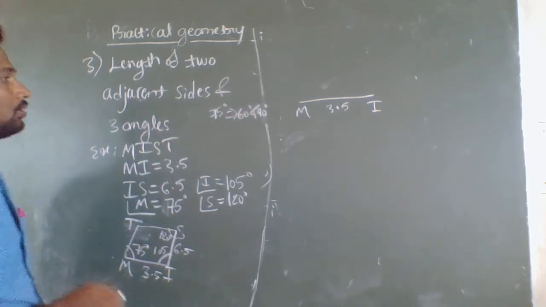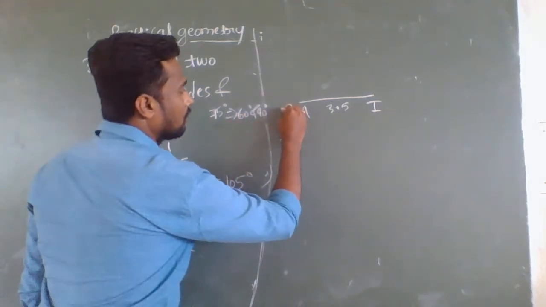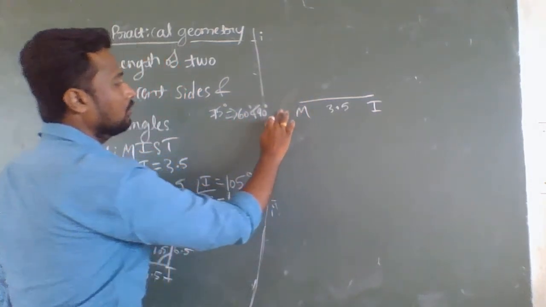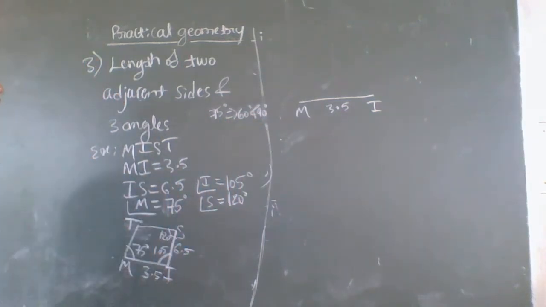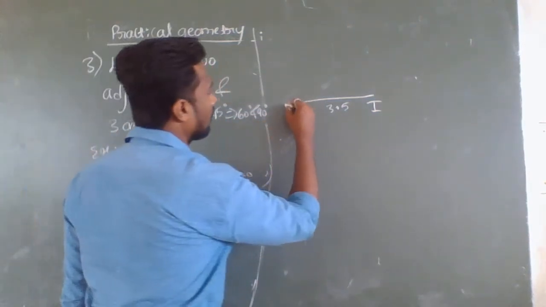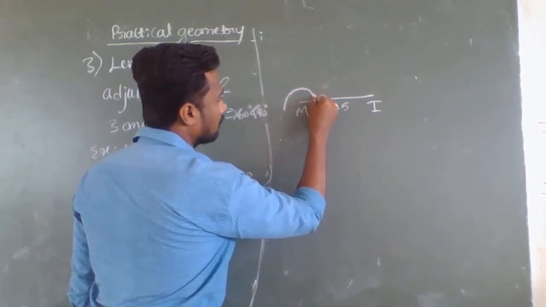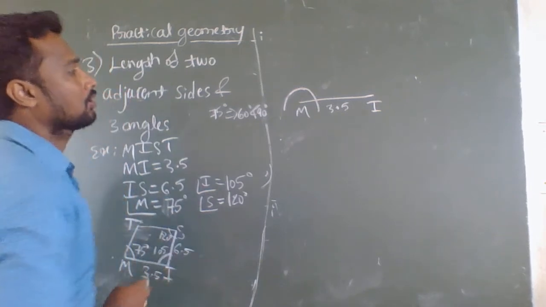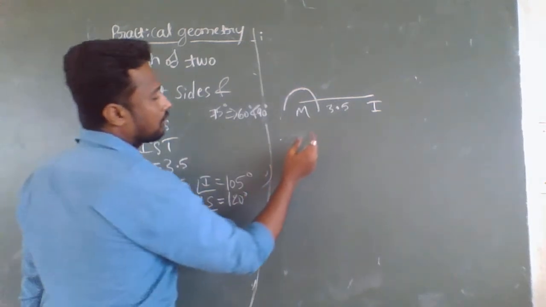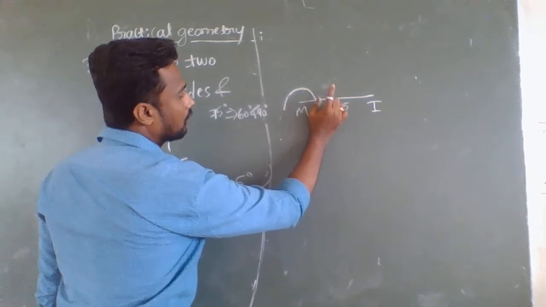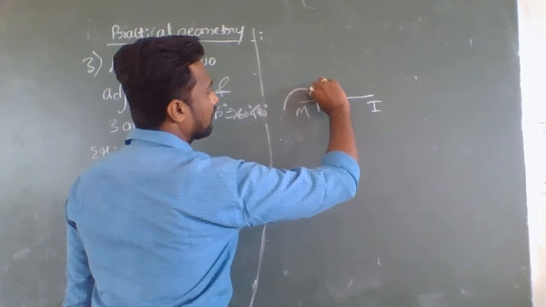So to construct 75 degrees, what will I do? First, I should get angles of 60 degrees and 90 degrees. So first, I will draw an arc by keeping the minimum distance in the compass. I will draw an arc like this, and by keeping the needle of the compass on this point, I will draw another arc here.